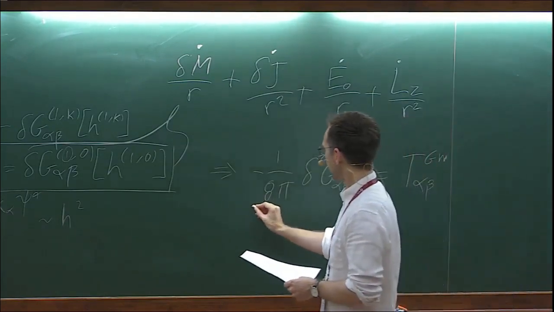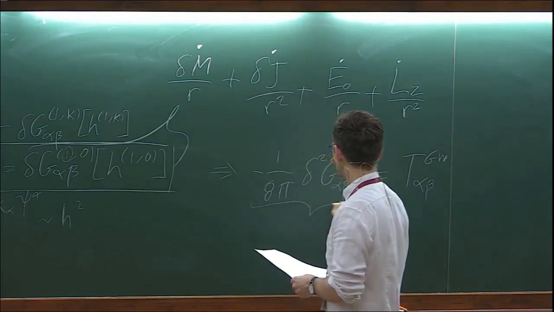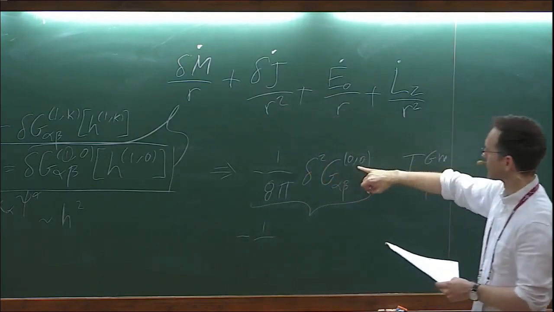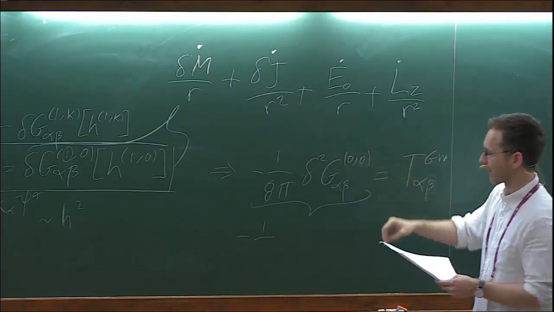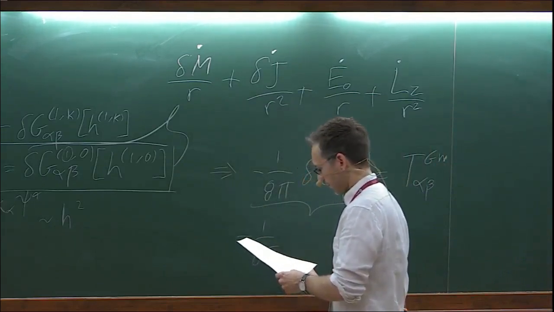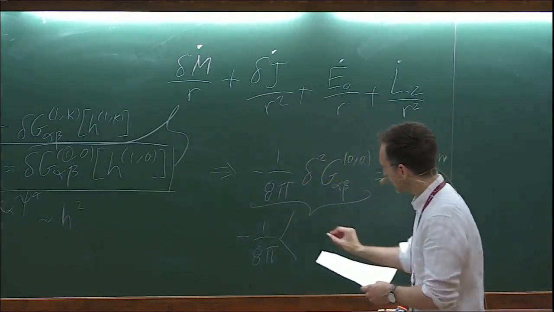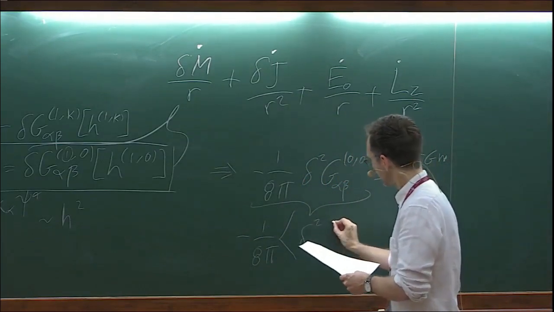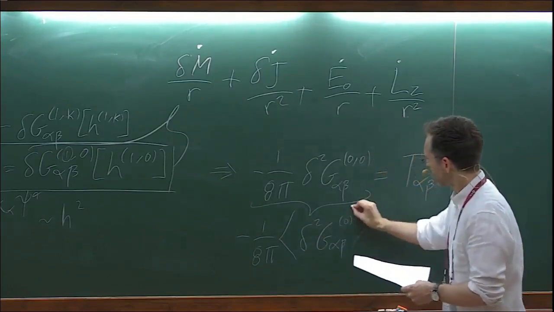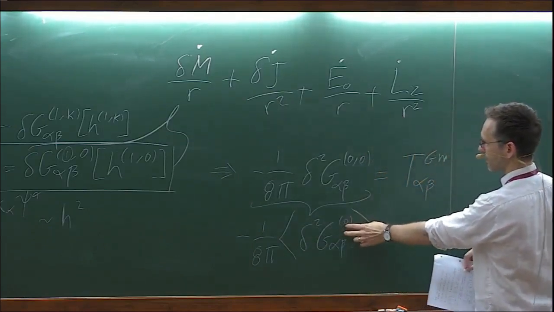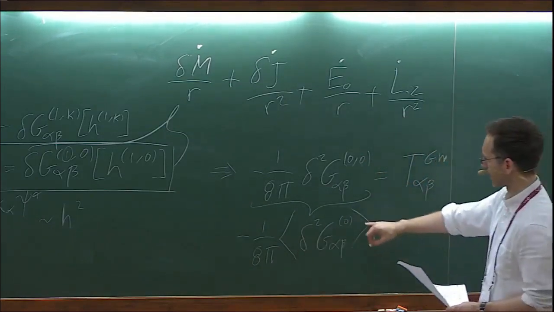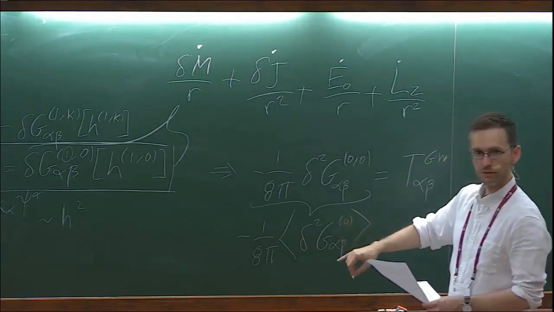We can write this just as an average over the phases, because we're just picking off the zero frequency bit, which corresponds to averaging out the fast oscillations. So it's 1 over 8 pi times the average, delta squared g 0 alpha beta, where this 0 just means I'm ignoring slow time derivatives that appear in this operator, and I ignore omega 1 corrections to the frequencies.